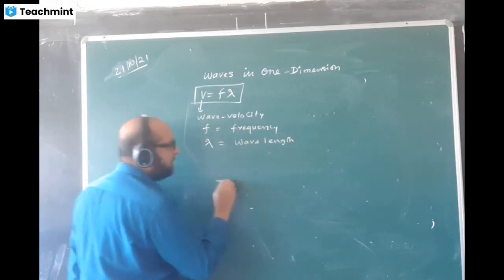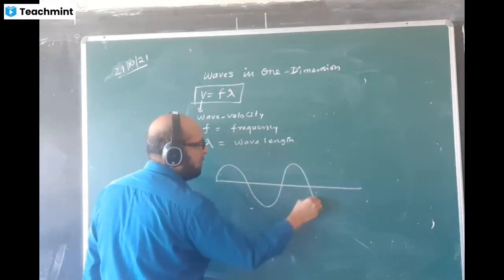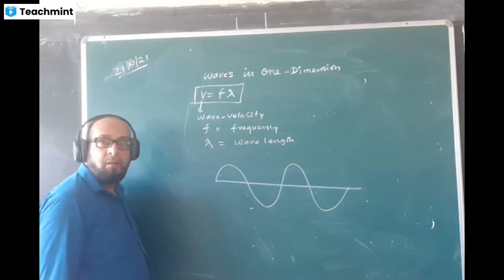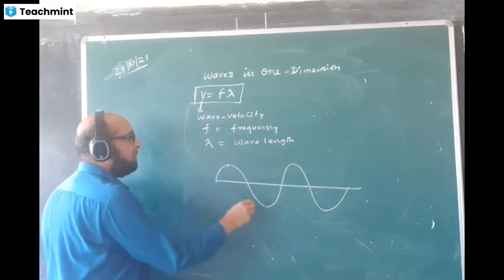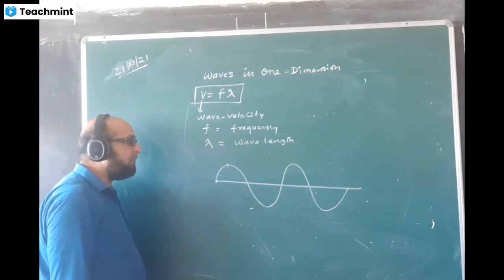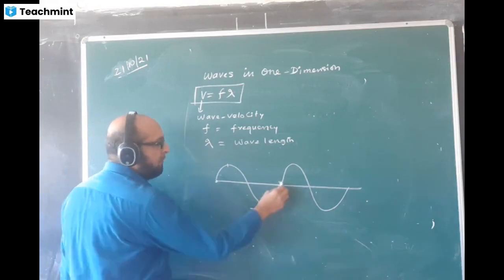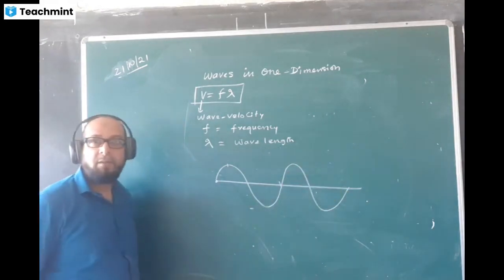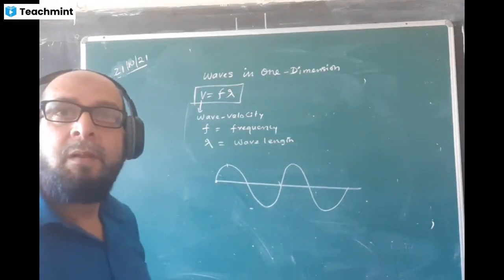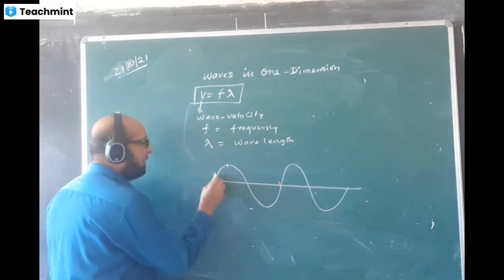Normally, how do we show a wave? We show a wave like this, no? What is wavelength? Wavelength is the length of one wave. From here till here is one wave, and from here till here is another one.